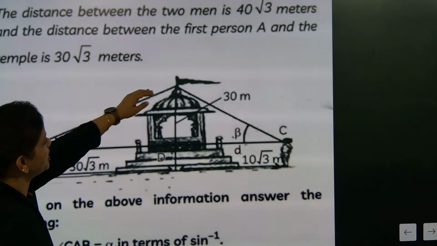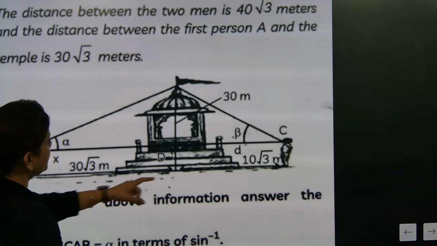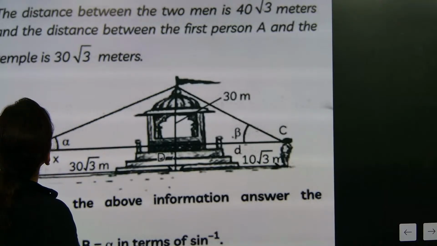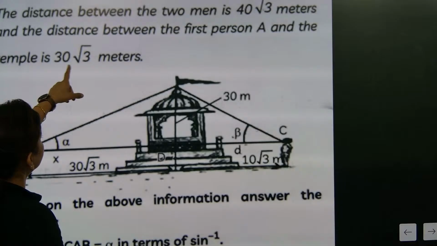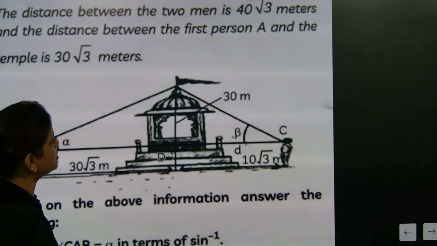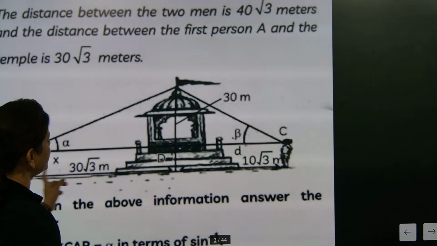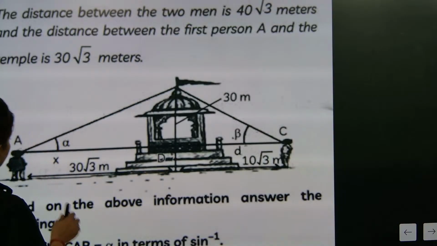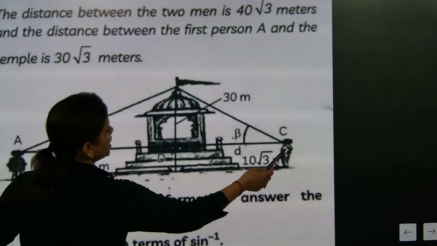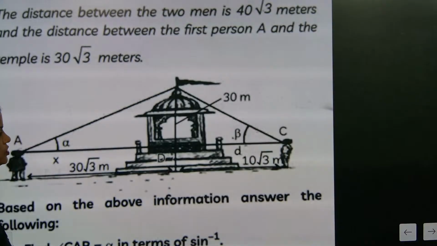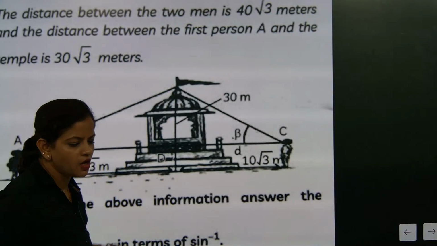One man makes an angle of elevation, and another is also making an angle of elevation. The distance between the first person A and the temple is 30 root 3, and from the temple to the other man it is 10 root 3. So the total distance between both men is 40 root 3.